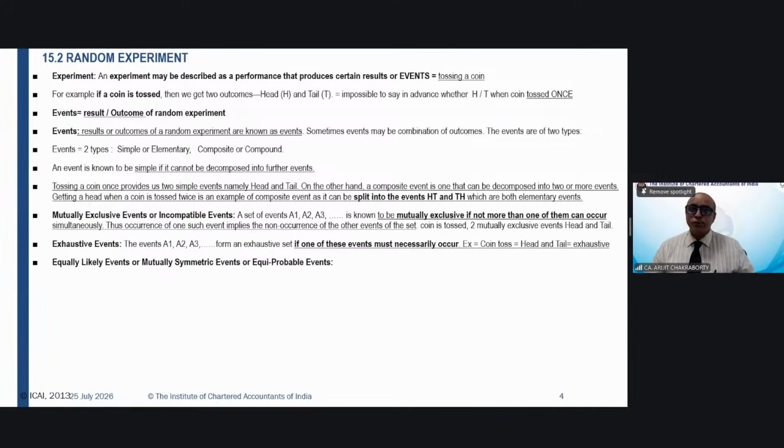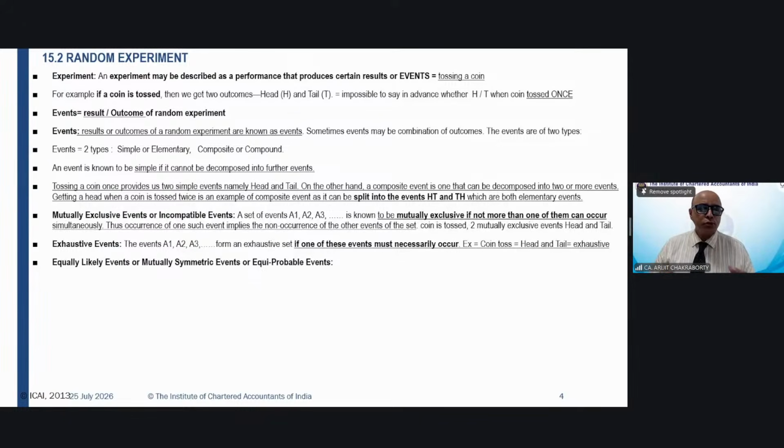Finally, probability has, I will say, my understanding, four basic terms or concepts which you need to know. First is random experiment. Next, we discussed event. What is an event? Event is the outcome or the result of a random experiment. Third concept is mutually exclusive.